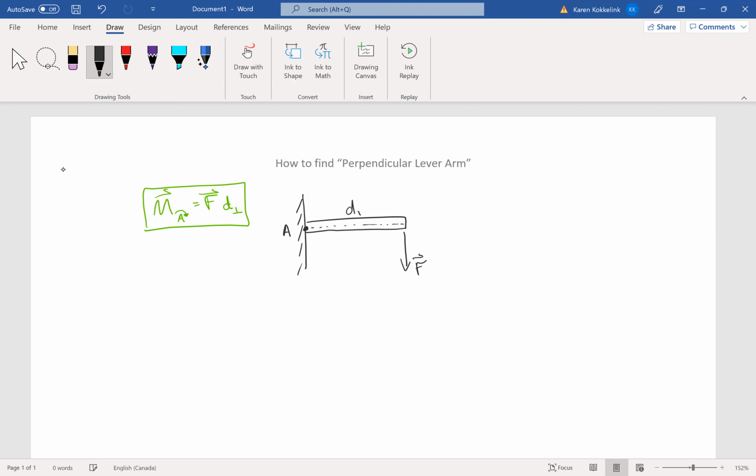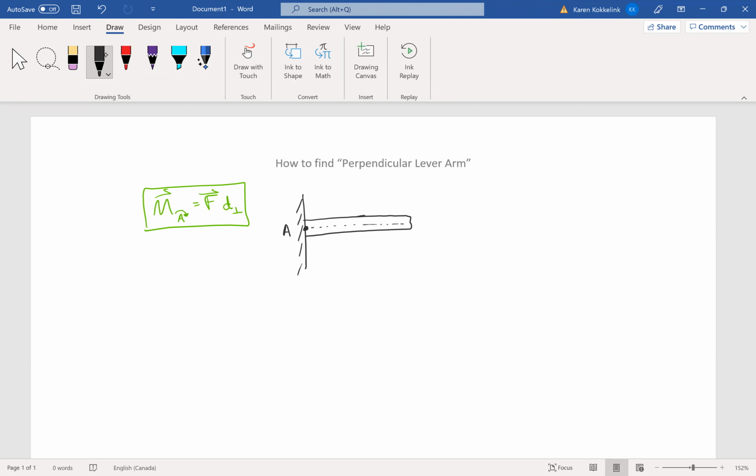You would just multiply the magnitude of this force times this perpendicular distance. That was the answer because here's the perpendicular angle, here's the 90 degrees.